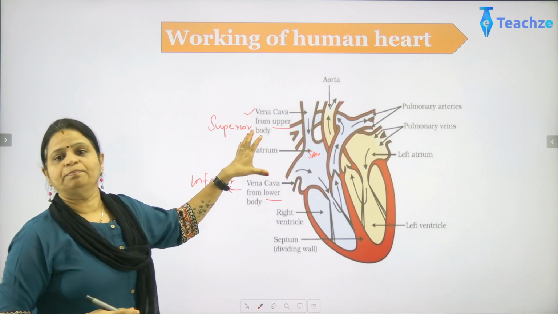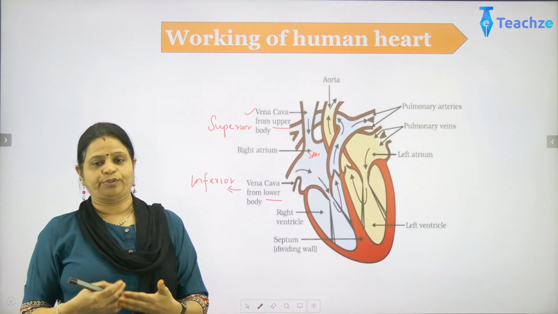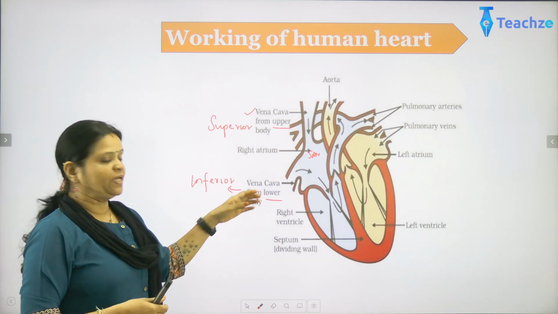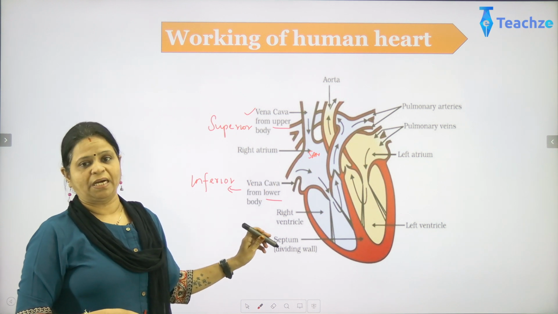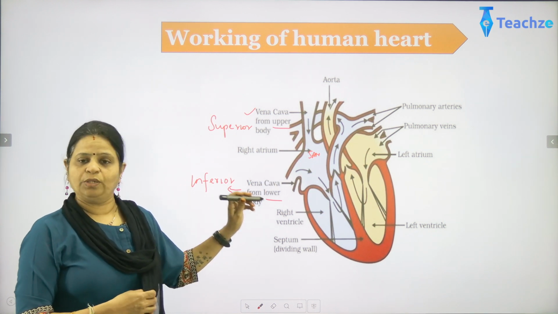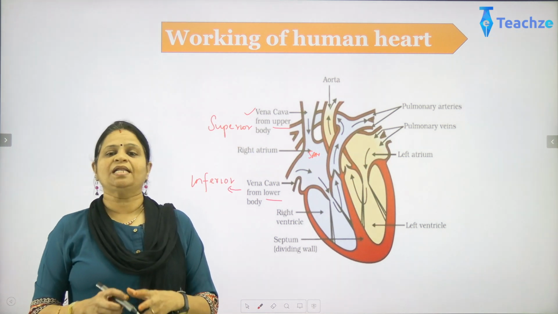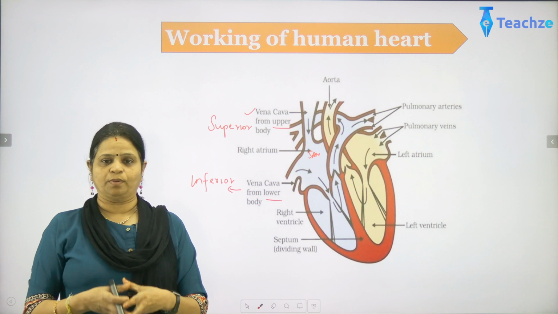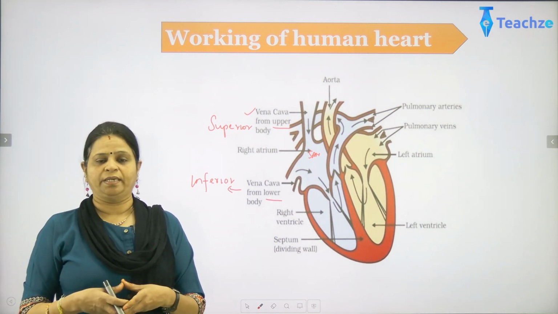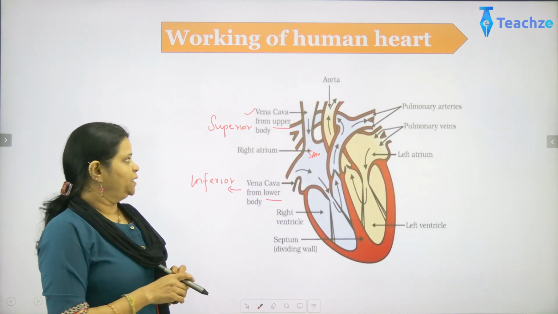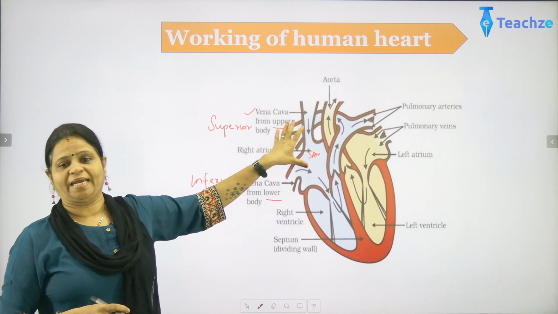The superior brings blood from your head region and just above the thoracic region, whereas the inferior vena cava brings blood to the right atrium from the lower parts, that is your legs and below the abdominal region. The vena cava is the largest vein present in the body. It brings the deoxygenated, or impure, blood towards the heart at the right atrium.